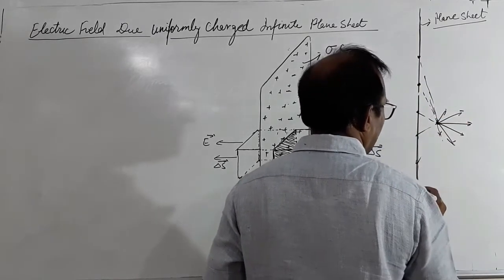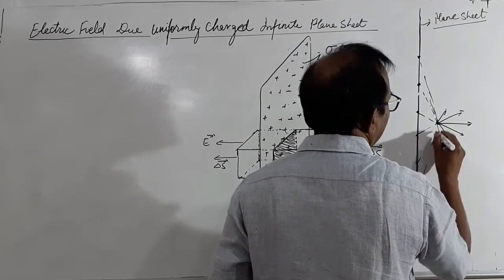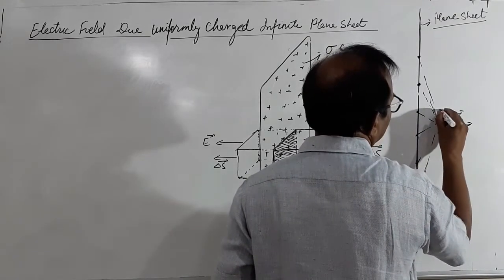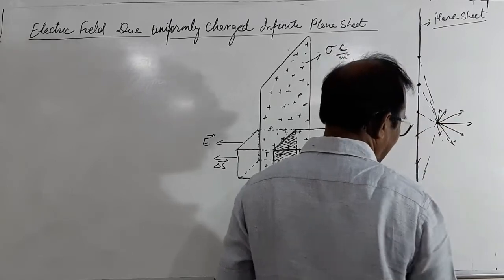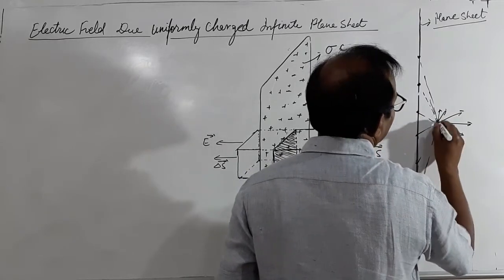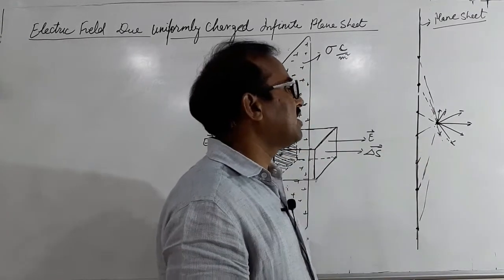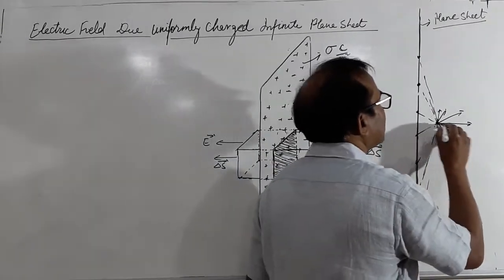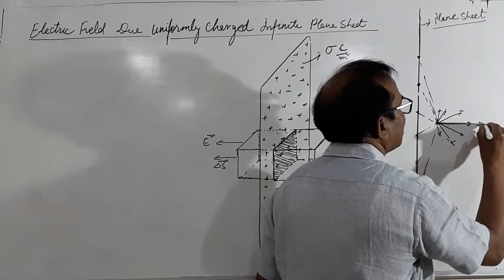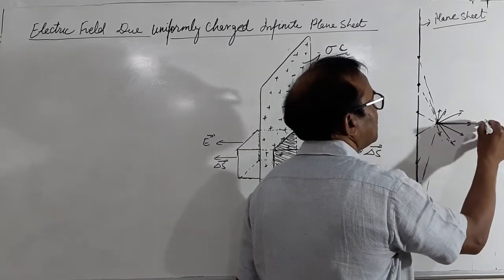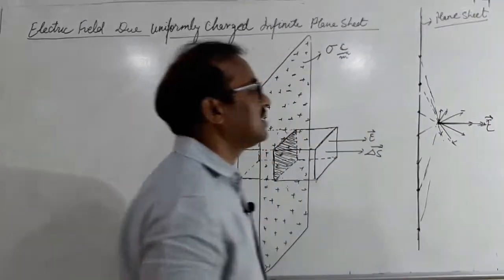As we go to distant points, the influence of charges is negligible, and the total resultant field is perpendicular to this distribution.